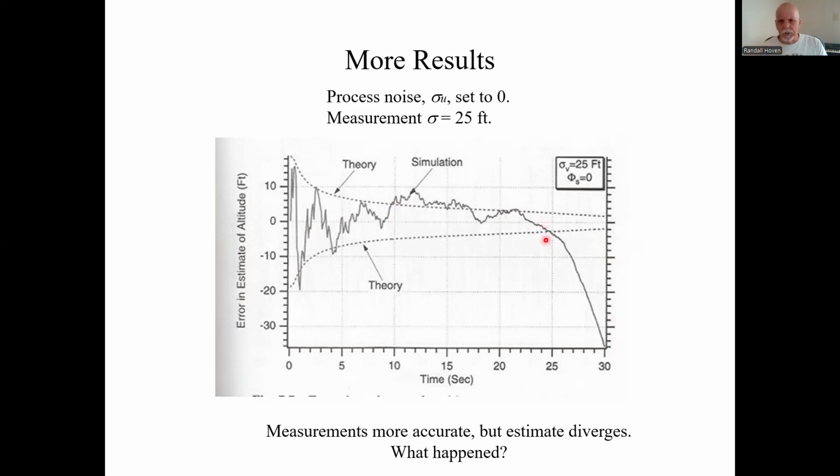You're not only outside of your confidence limits, you go way off. Why does that happen? Remember, we linearized everything about our current estimate. Once your estimate starts getting off, your linearization errors get off. You kind of get this self-perpetuating bad feedback thing happening.